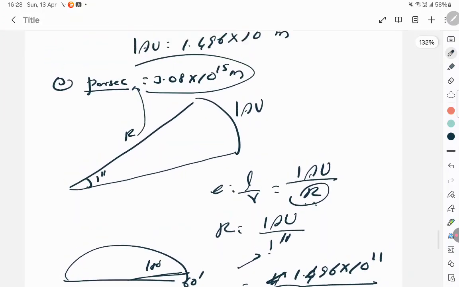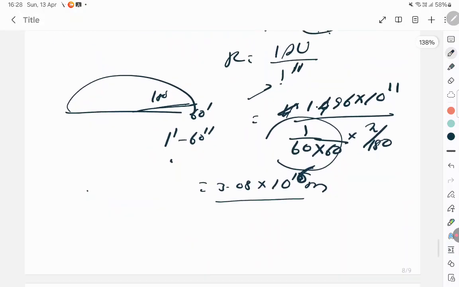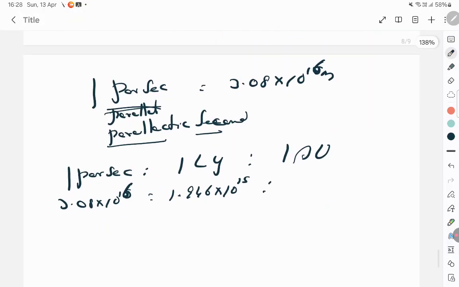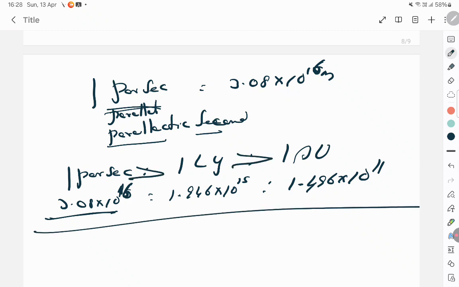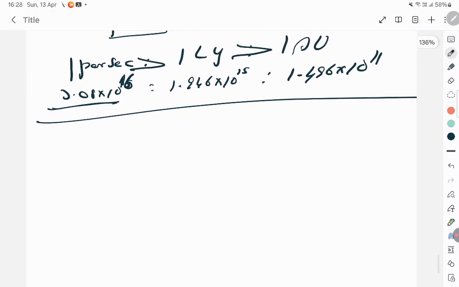Did I say 15 anywhere? Yeah, 16, because it has to be the biggest unit. So going back, I've corrected it. And astronomical unit is 1.496 into 10 to the power 11. The fact that this is 16 shows that this is greater than this is greater than this, and this concludes it. Are you clear? And next, I'll teach you what is a parallax after.